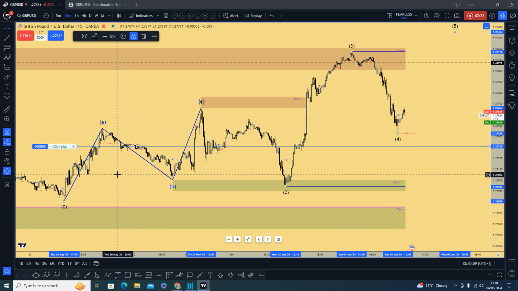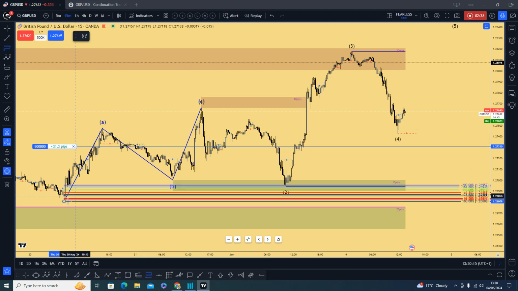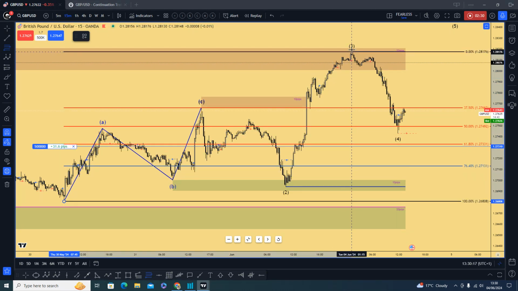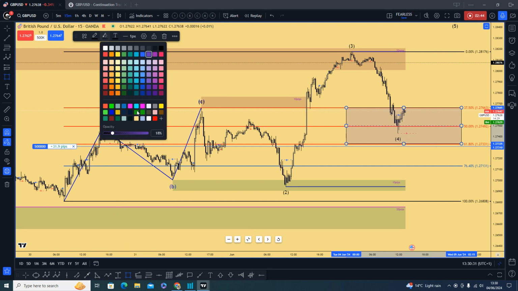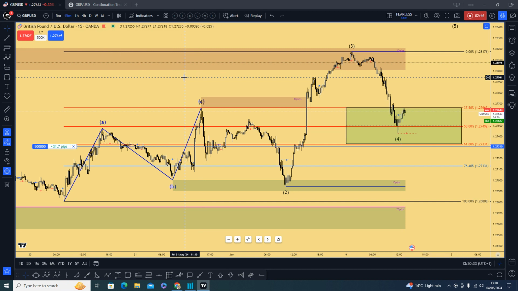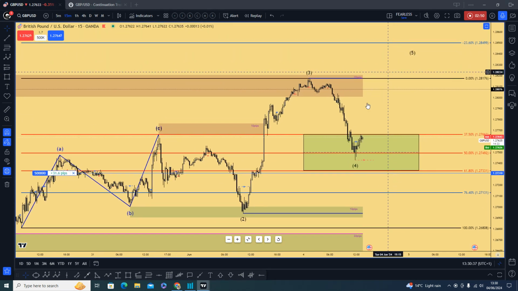But in terms of target or area of target, we can draw from the low to the high of 3. We also can see that the price came into the buy zone here, and we're currently coming out of the buy zone, and this is a nice move.